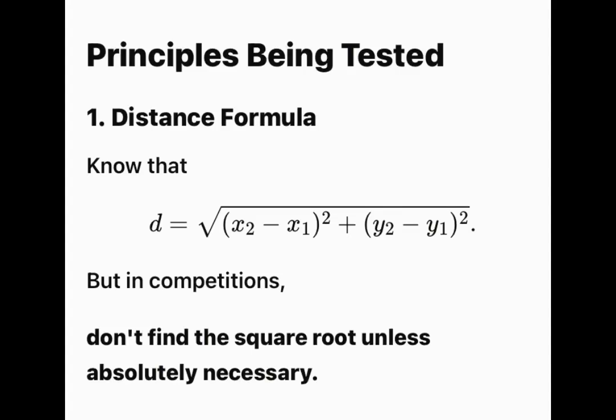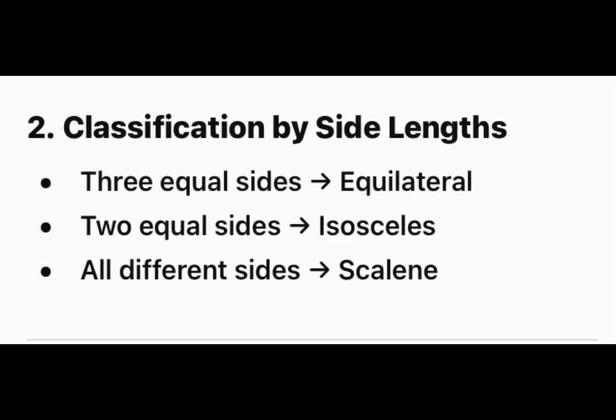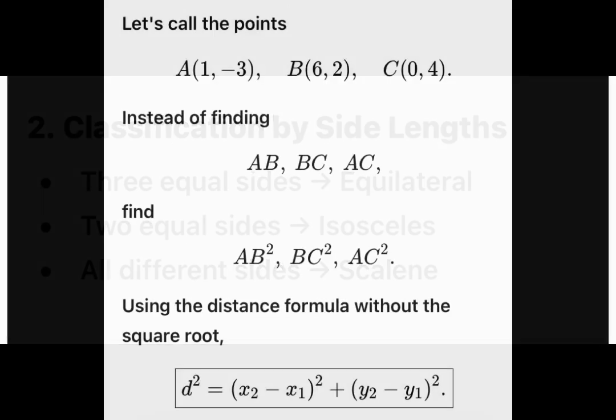But in competition, you don't find the square root unless it becomes absolutely necessary. You don't have the whole time. Another principle being tested here is classification of triangles by their side lengths. Three equal sides is an equilateral triangle, two equal sides is an isosceles triangle, but when all the sides are different, we talk about a scalene triangle.